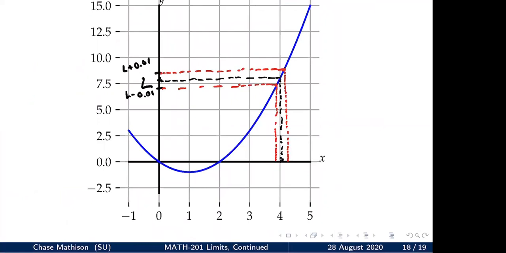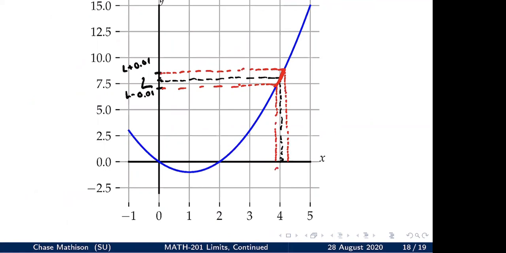We're going to stay between there and there, which is where we need to stay for this formal definition.